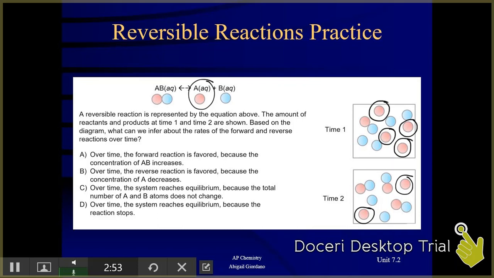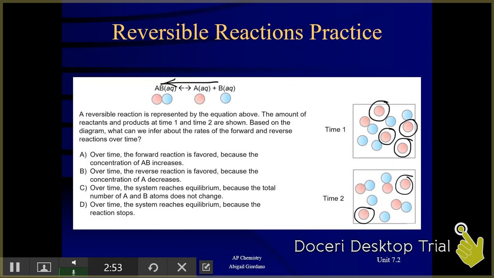You count one of them, it doesn't matter. I just focused on A. The fact that from time 1 to time 2 there are fewer particles of A tells me that this reaction is being favored in the reverse direction because particles of A are being consumed.